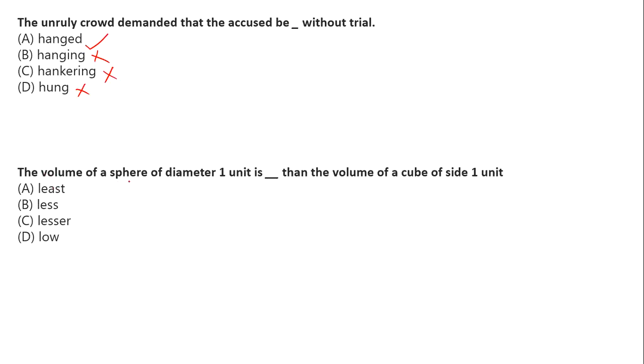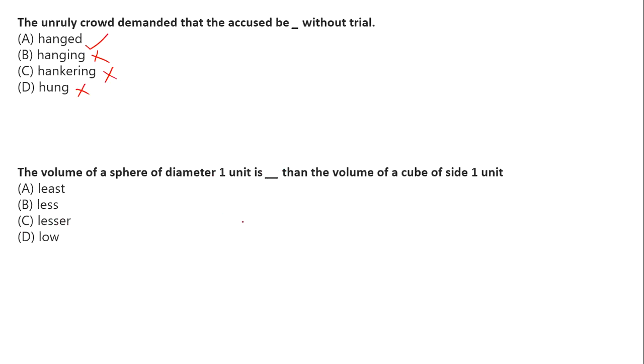The volume of a sphere of diameter 1 unit is dash the volume of a cube of side 1 unit. Now what will happen? Most of the students will tick lesser, because when we compare, what kind of degree do we follow? Comparative degree we follow, right? So in that case, most of the students will put lesser as the correct answer.